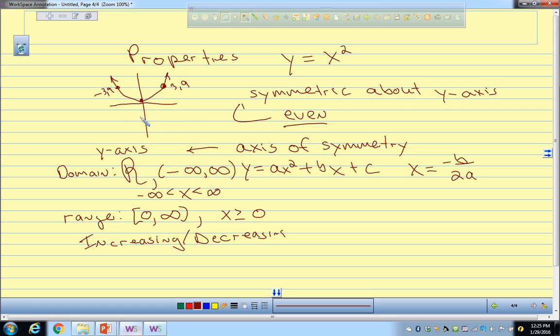You would call that 0 to infinity, except in this case you don't include the 0 because right at 0 it's neither increasing nor decreasing. It's decreasing from negative infinity up until you get to 0. So the interval on which it's increasing is 0 to infinity. In other words, where is it going uphill? And this is where it's going down.